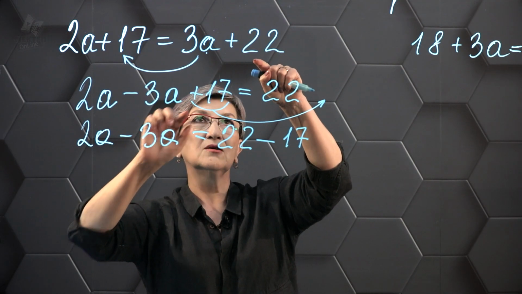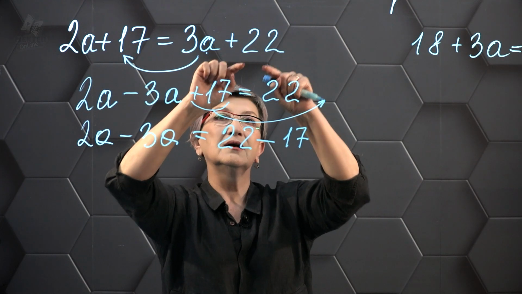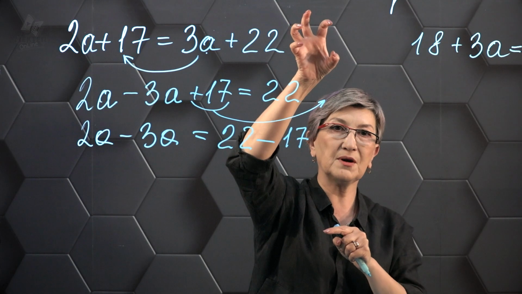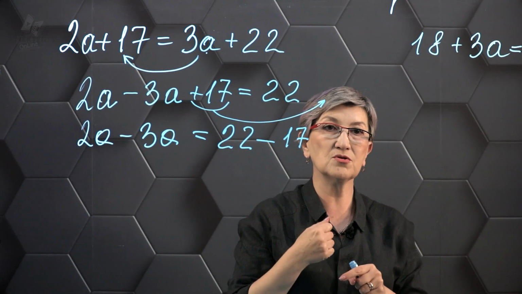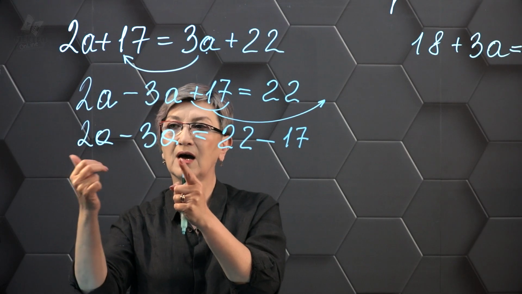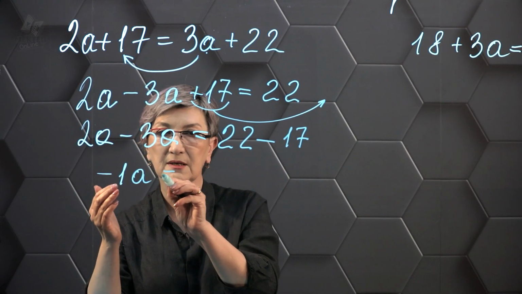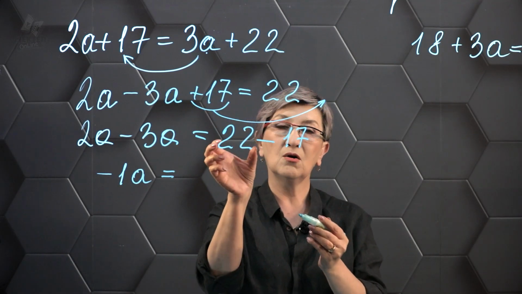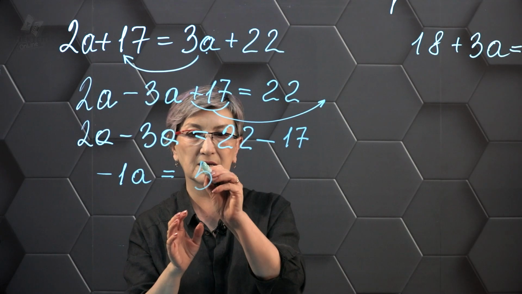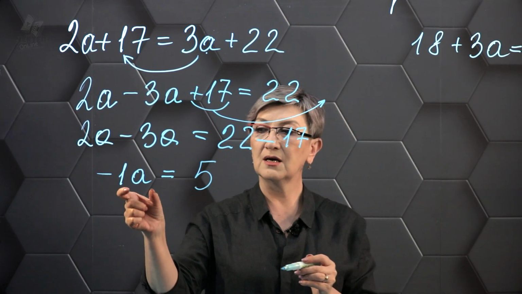On the right side, we had the number 22. I start with that number. I wrote down the number 22, and I carry 17 to the right side with a minus sign. What is the result? On the left-hand side, I can, from 2a, subtract 3a. The result is minus 1a, which is equal. On the right side, I can subtract 17 from 22. The result is 5.